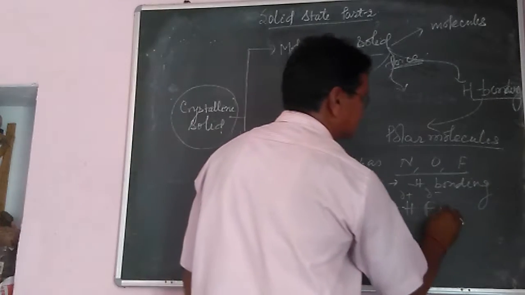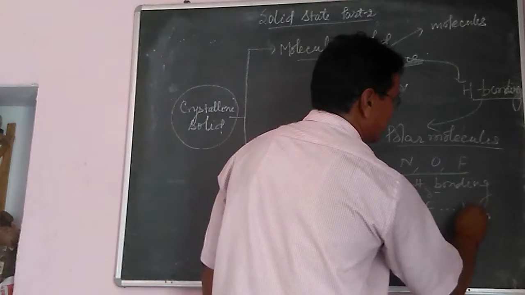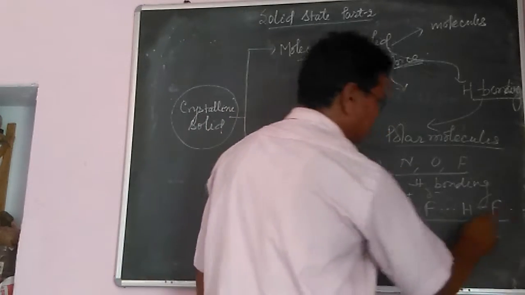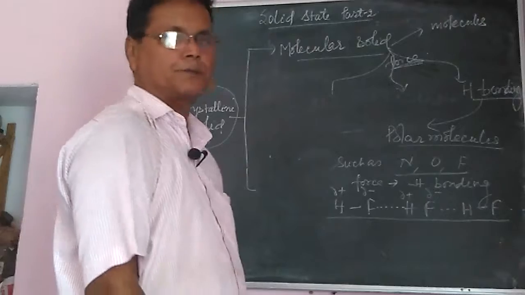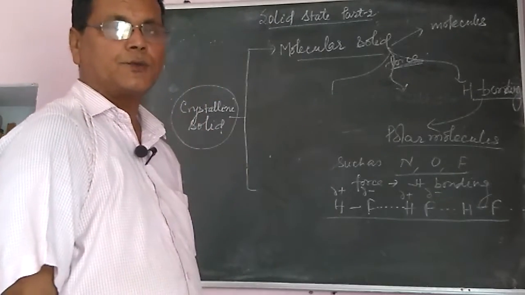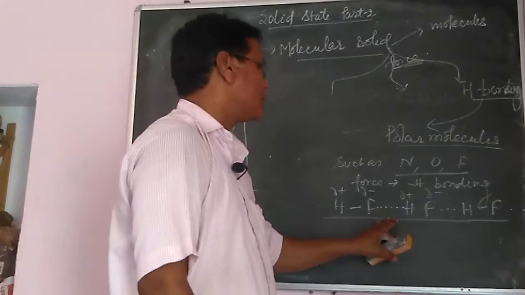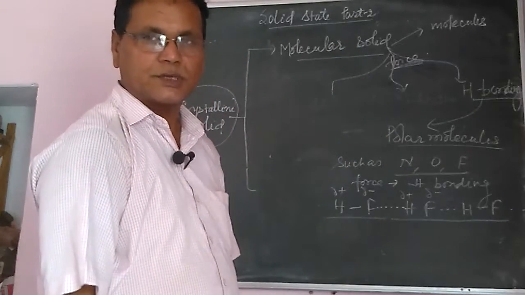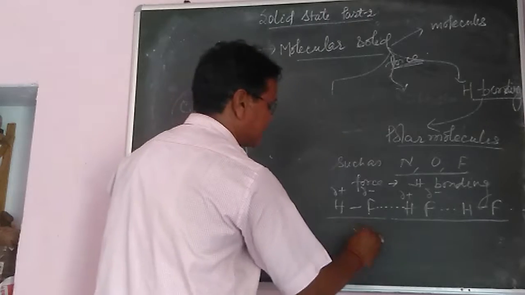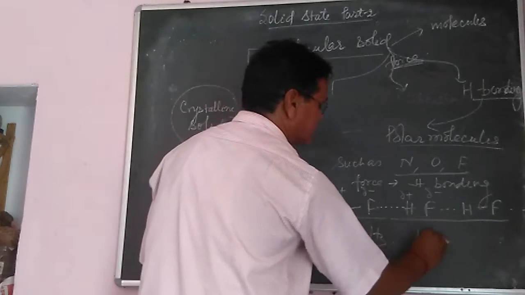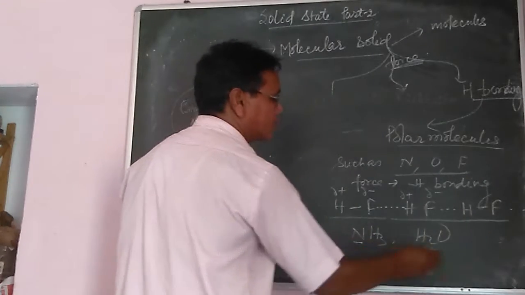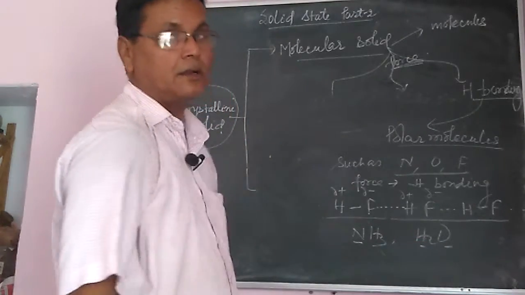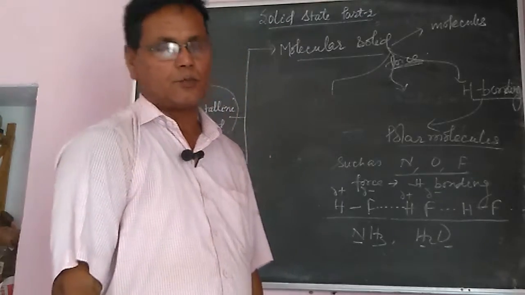That bonding exists again with H and so on. So these types of molecules form hydrogen bonding, and such solids are called molecular solids. The same holds for NH3 and water, because they consist of nitrogen or oxygen along with hydrogen. So hydrogen must be there to form hydrogen bonding.